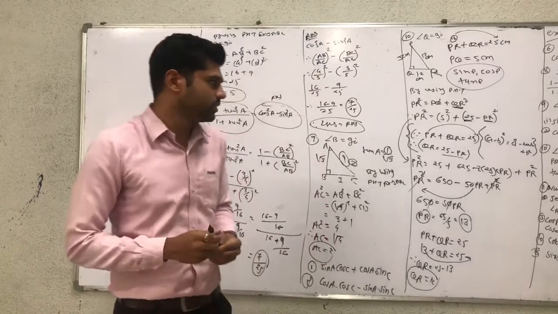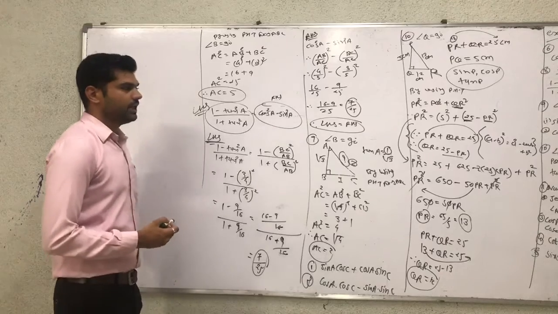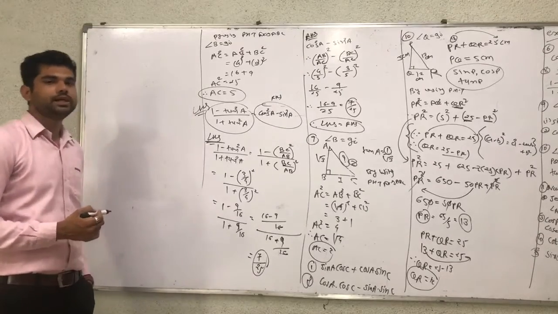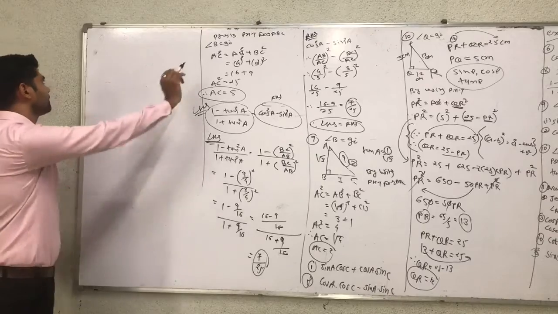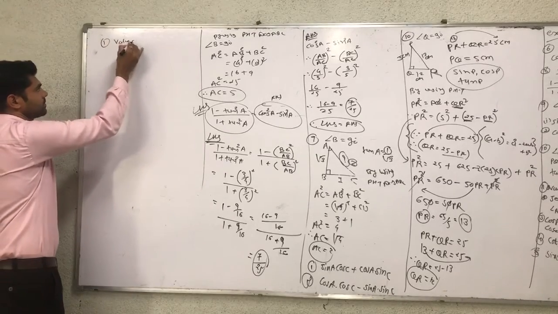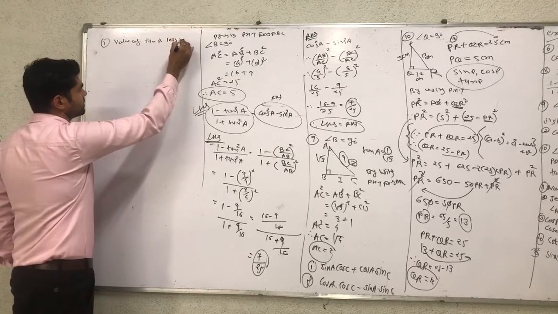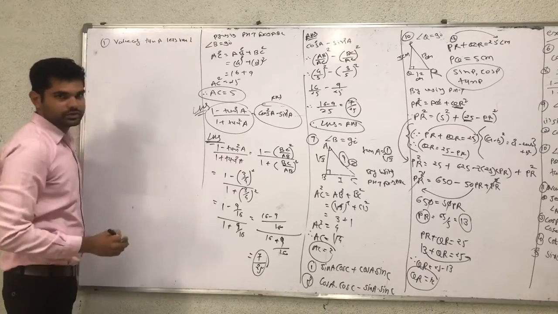Write answer true or false and give reason for false. First statement: value of tan A is less than 1.